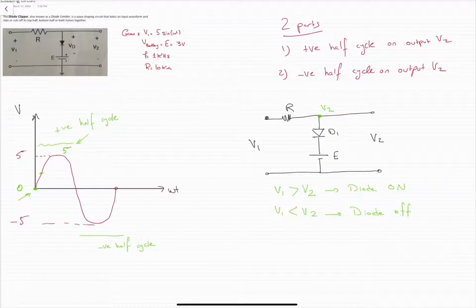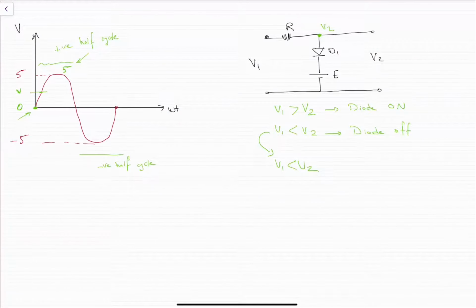From 0 till this value of V, we will be working in the second case where V2 is greater than V1, so V1 is less than V2, the diode will be in the off mode, it will act as open circuit. So the circuit will be like this.